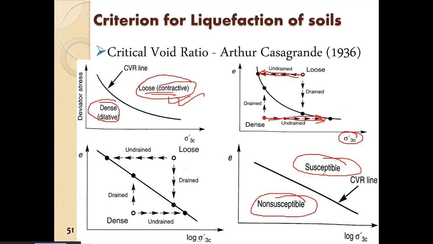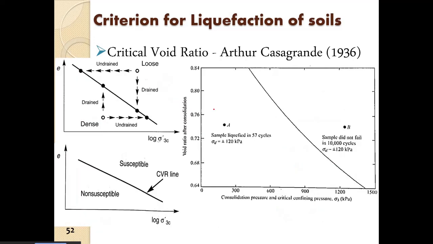So this is what he said: if the soil is in a loose state, it is susceptible to liquefaction. If it is in a dense state, it is non-susceptible to liquefaction. So we have the loose state which is susceptible, and the dense state which is non-susceptible.